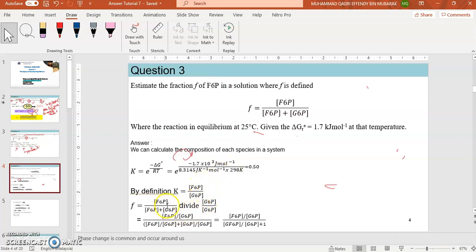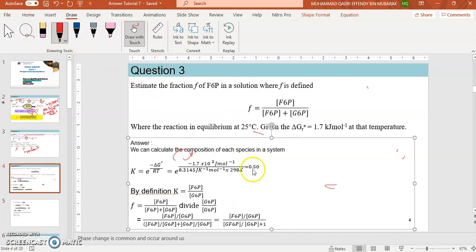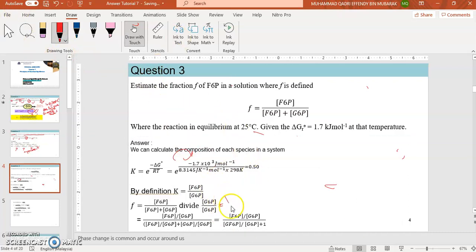And then what we do next is we divide the numerator and denominator by G6P, because if you still remember, G6P over G6P is equal to 1, so we can divide it. Once we divide it, we get it like this: F6P over G6P, over F6P over G6P plus G6P over G6P.